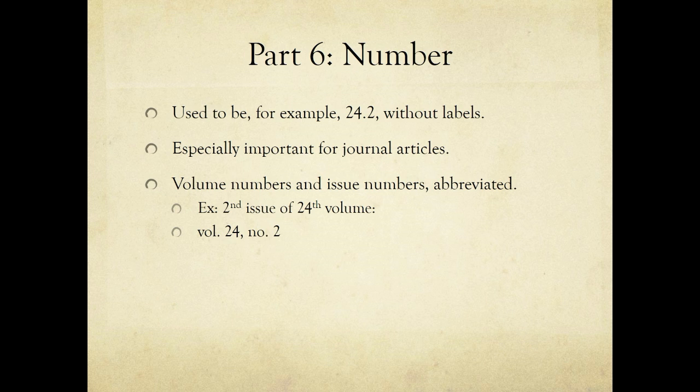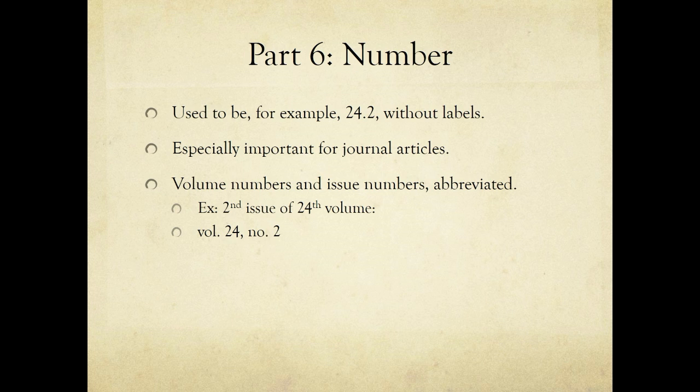And that indicates that you have volume number 24, issue number 2. And sometimes that's going to look weird on journal articles. You may have it where the volume number is just a number and then the issue number's in parentheses. They may actually spell out volume and issue. Whatever, but you want to abbreviate it appropriately and make sure you include that information in there.